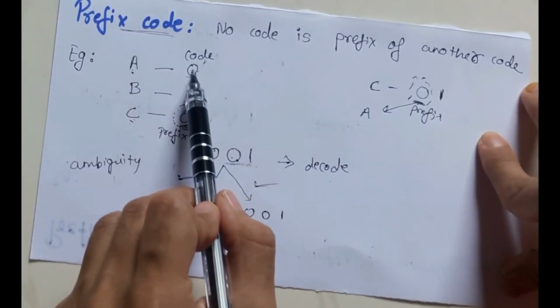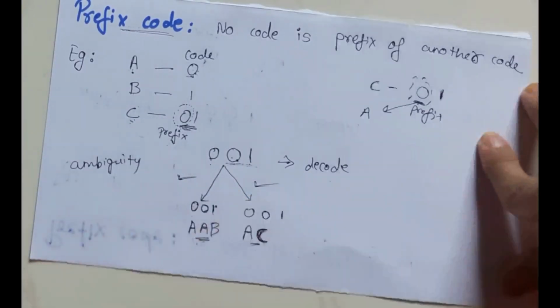That is, the code of A is a prefix of this code.